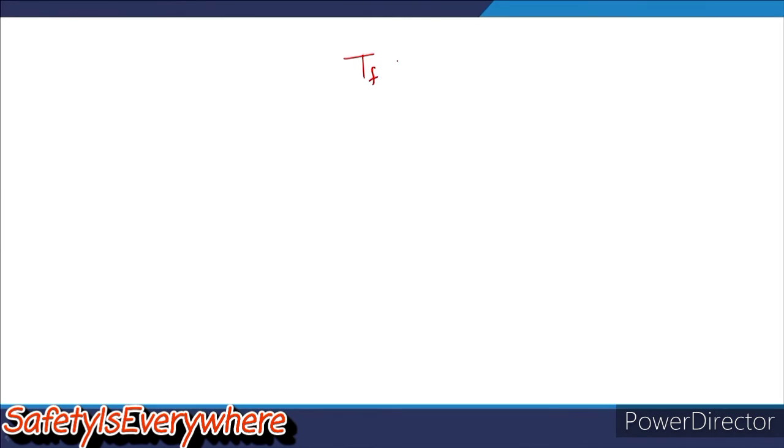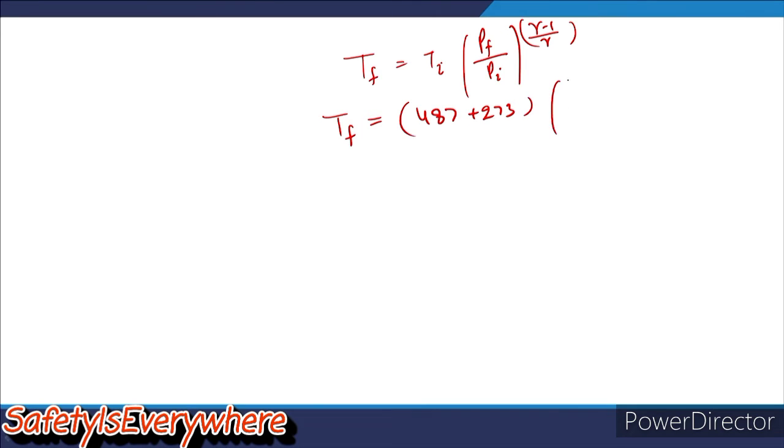We have the thermodynamic equation: Tf is equal to the initial temperature times the final pressure divided by the initial pressure, raised to the power gamma minus 1 upon gamma. Here, the initial temperature is 487 plus 273, times 34.1 to the power 0.4 upon 1.4.